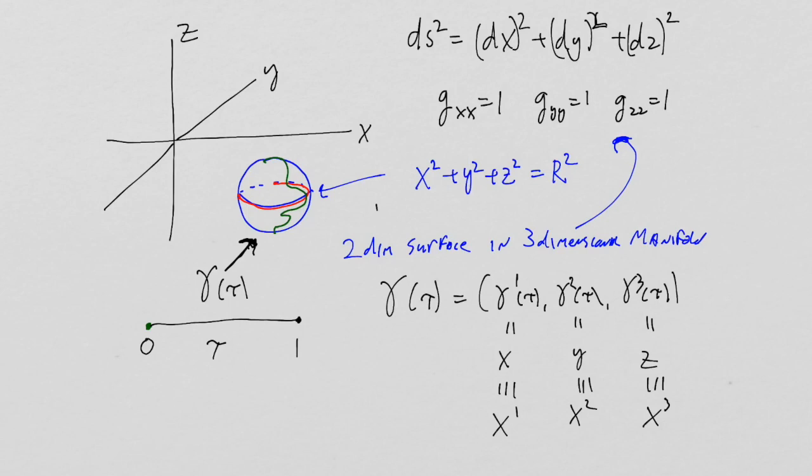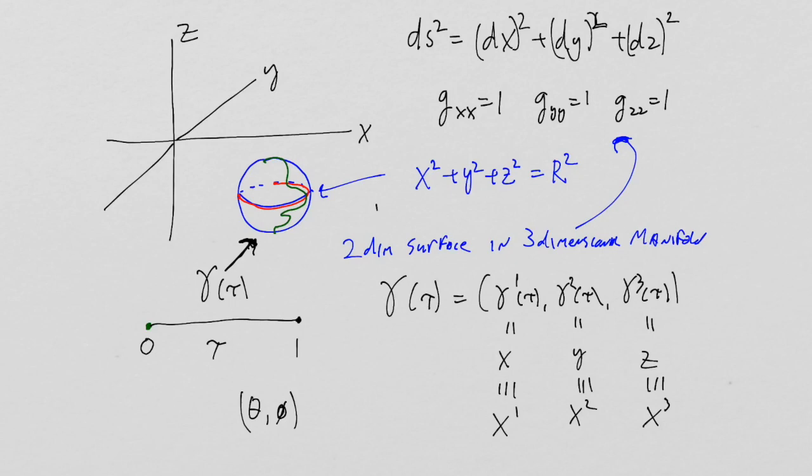But remember, this is a manifold, right? And as a two-dimensional surface, it has two coordinates, right? And those coordinates could be theta and phi, where those are your standard angular coordinates of a surface of a sphere, as long as it's all in one chart.